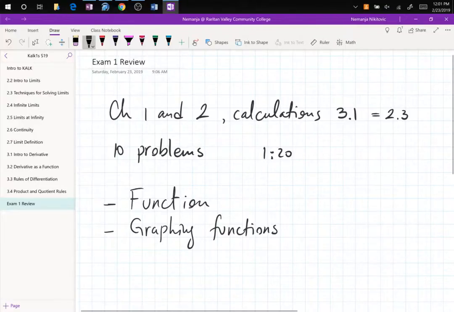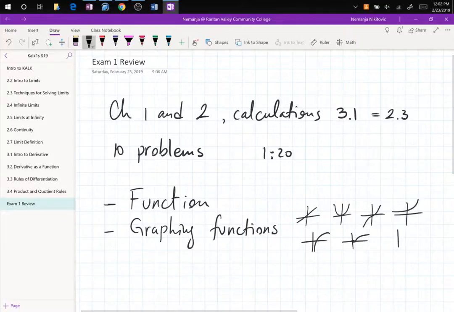So you are looking into graphing functions by hand, and you're generally looking into the linear function, the quadratic function, the cubic function, the exponential function, the logarithmic function, the square root function, the absolute value function, the piecewise function. Right, so these are the pre-calculus topics that we just use especially for limits.